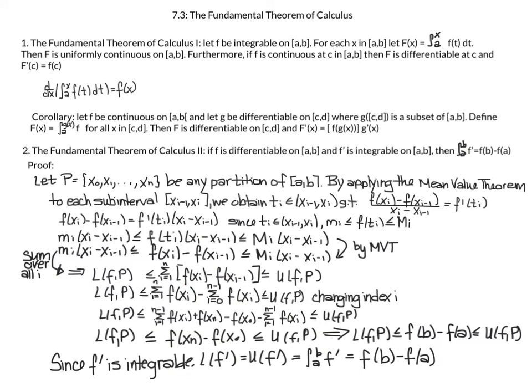So now that I have these indices the same, so they're both f of x i, I'd like to make a common summation index. What they have in common is they both iterate from 1 up to n minus 1. So here I'm going to iterate from 1 up to n minus 1 of f of x i, but then I also need to add f of x n in order to make this equal to the summation from 1 to n.